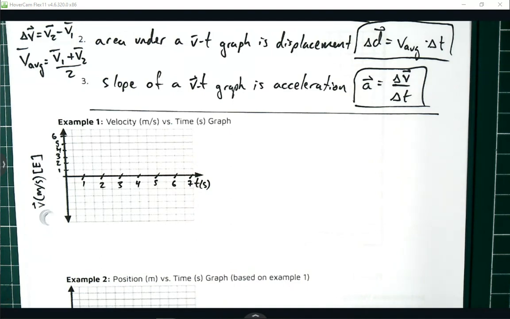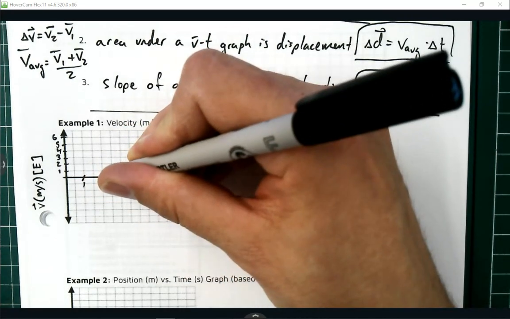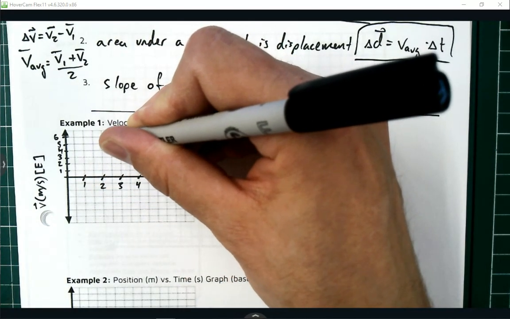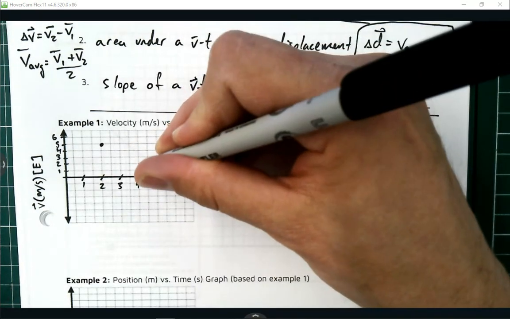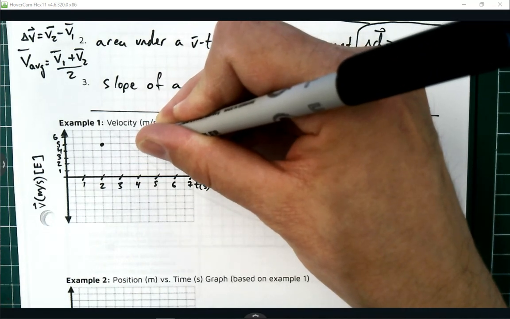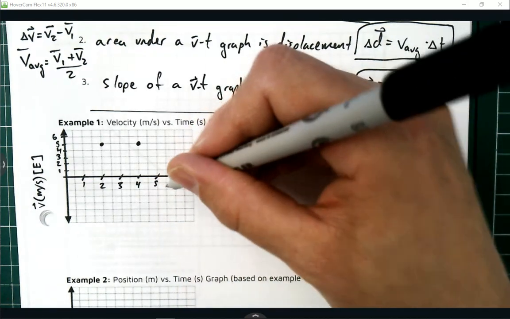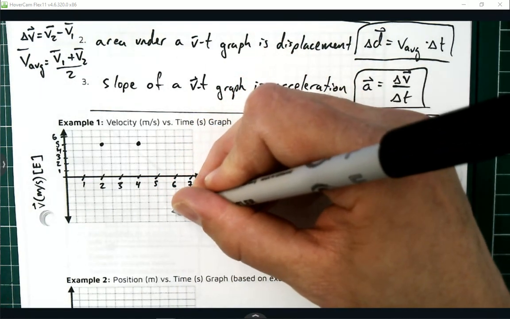And then I want to add in some data. So it looks like, I think at the 2-second mark, let's say that we get up to 5 meters per second. And then by the 4-second mark, we get up to 5 meters per second still. And then around the 6-second mark, let's say that we're going at, oh, you know what?